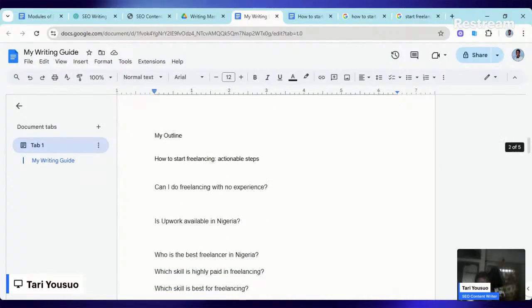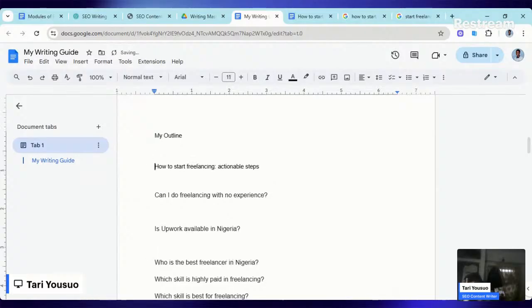So I'm going to refine what I have here. My outline is going to be: what is freelancing. Obviously, that will be after an intro and a hook.